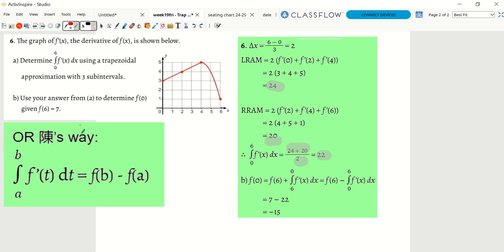So we get 0 here from that 0, 6 here from that 6, and the antiderivative of the derivative lands you back at f regular.